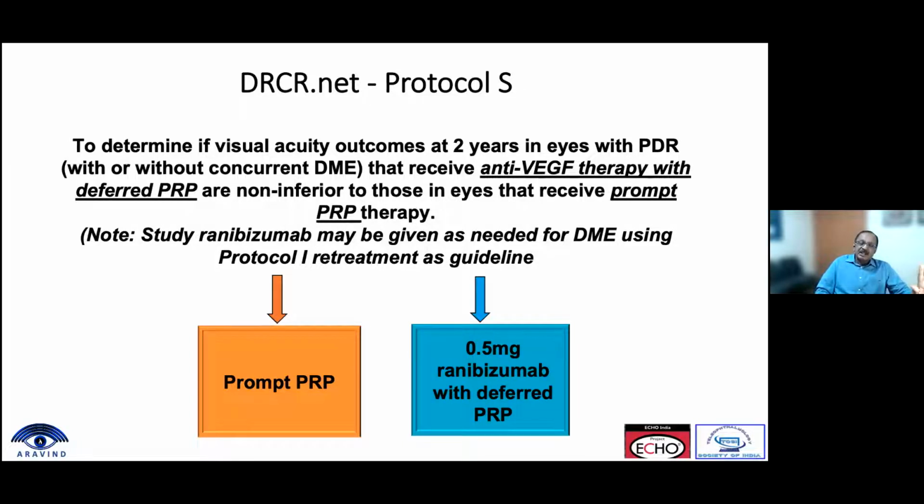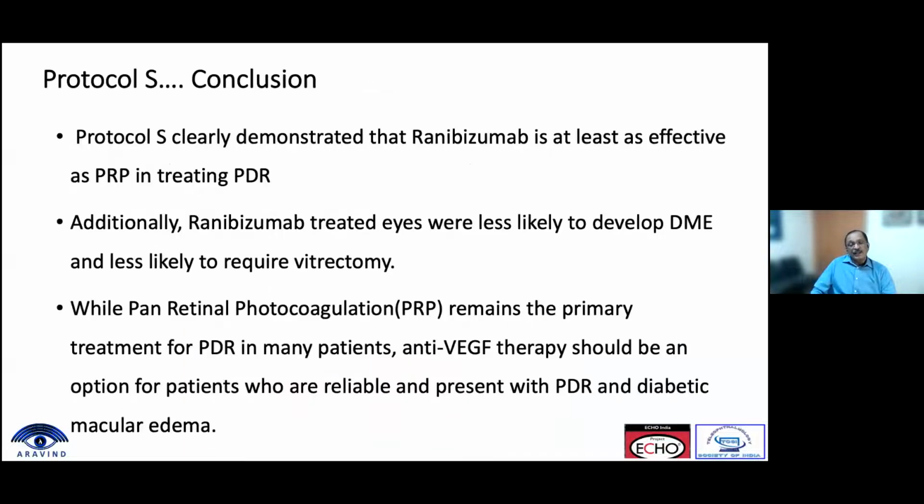Basically, they were trying to see if just giving multiple injections of an anti-VEGF agent in these patients and not doing pan-retinal photocoagulation for some time is the same as giving a pan-retinal photocoagulation, and how it does at the end of 2 years.